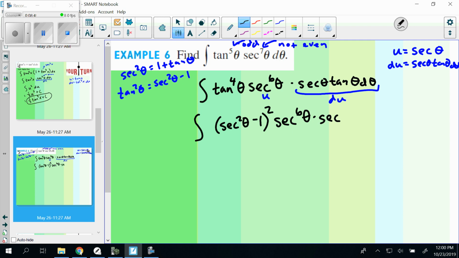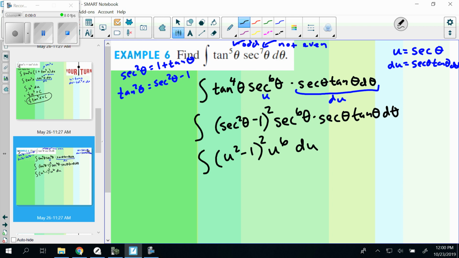Okay, so now if we make our substitution here, this is going to turn into u squared minus 1, squared. This is going to be u to the 6th power, and then all this other stuff turns into our du.